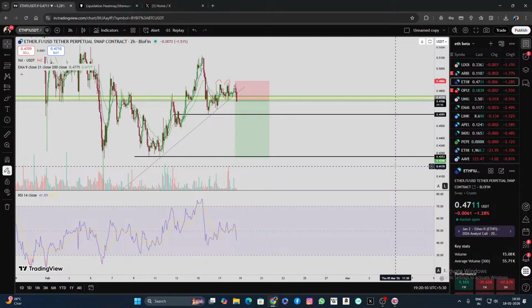So this is the only trade as of now I'm watching, and I will update it on the group, but as of now I'm holding it. The entry around 0.4718, stop loss 0.4886, and TP is 0.4595 and 0.4253.